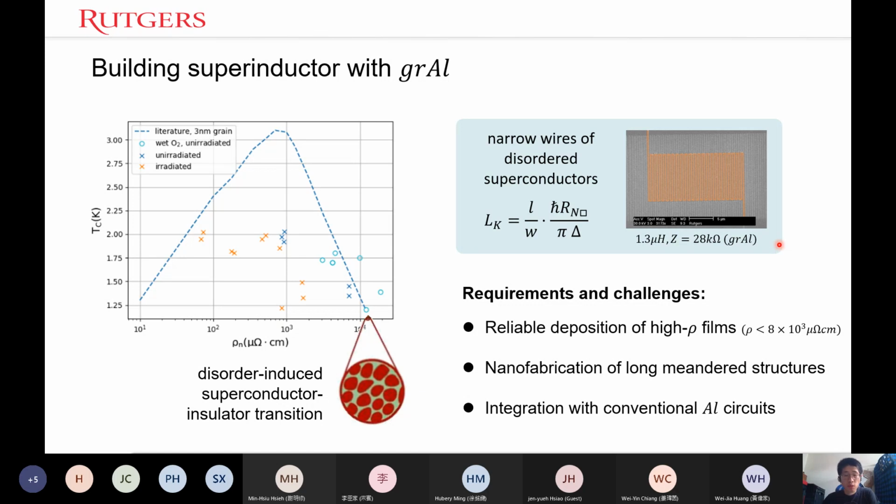As I mentioned, the challenges of preparing such structures with large kinetic inductance include reproducible deposition and integration of this material with conventional aluminum circuits. In our system, this film and the qubit aluminum film are grown in different vacuum chambers, so we had to come up with a method to remove the oxide from the granular aluminum film to ensure superconducting contact with other circuit elements.